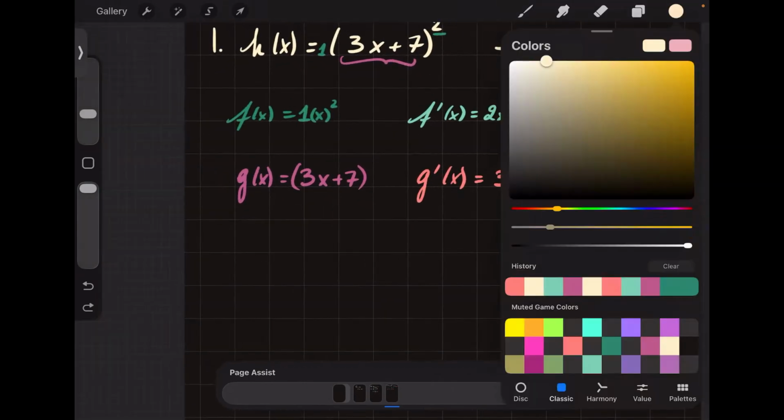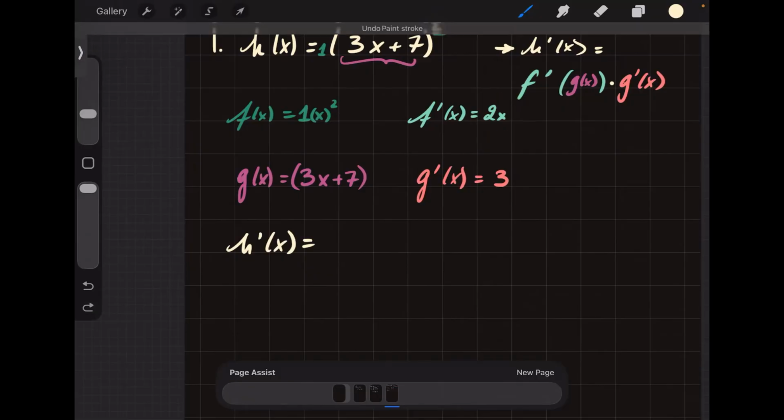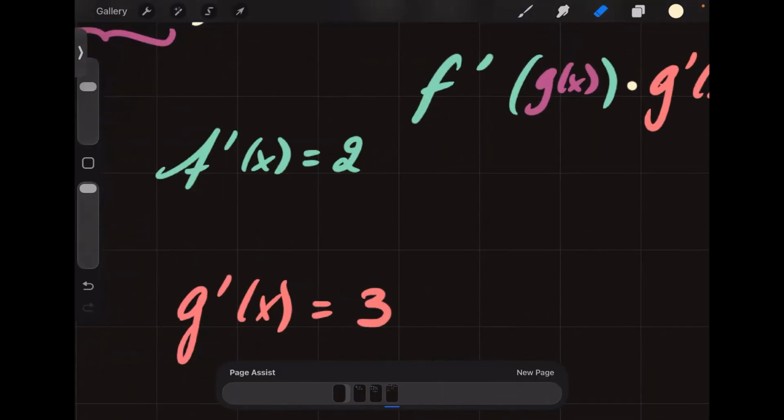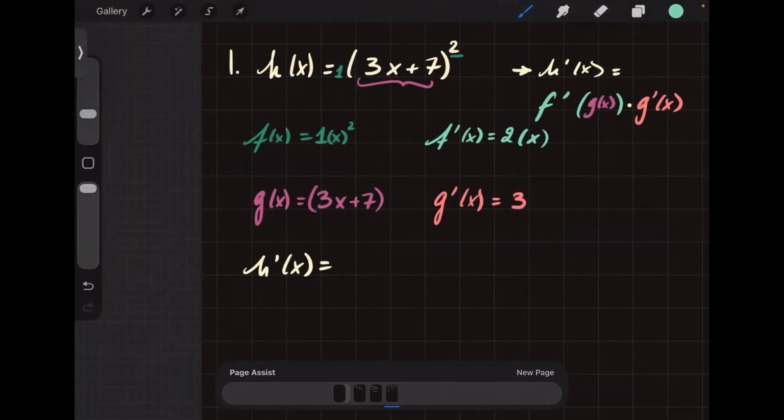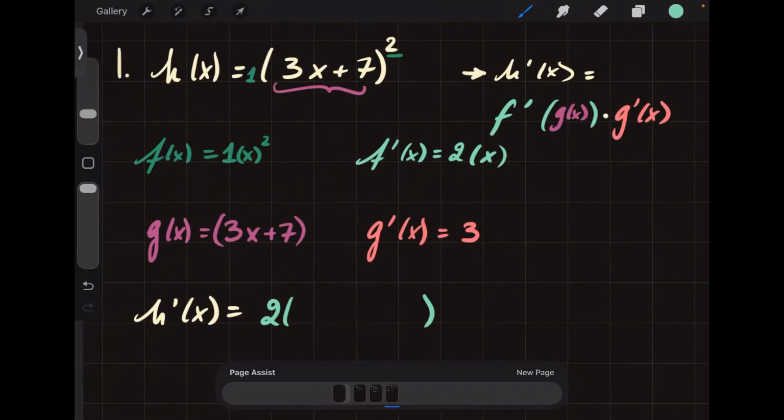Let's put them together. So h prime of x equals, what is f prime? f prime is 2x. You can just write it like that. So it's going to be 2 parentheses, and instead of writing x, what do we write? We write g of x.